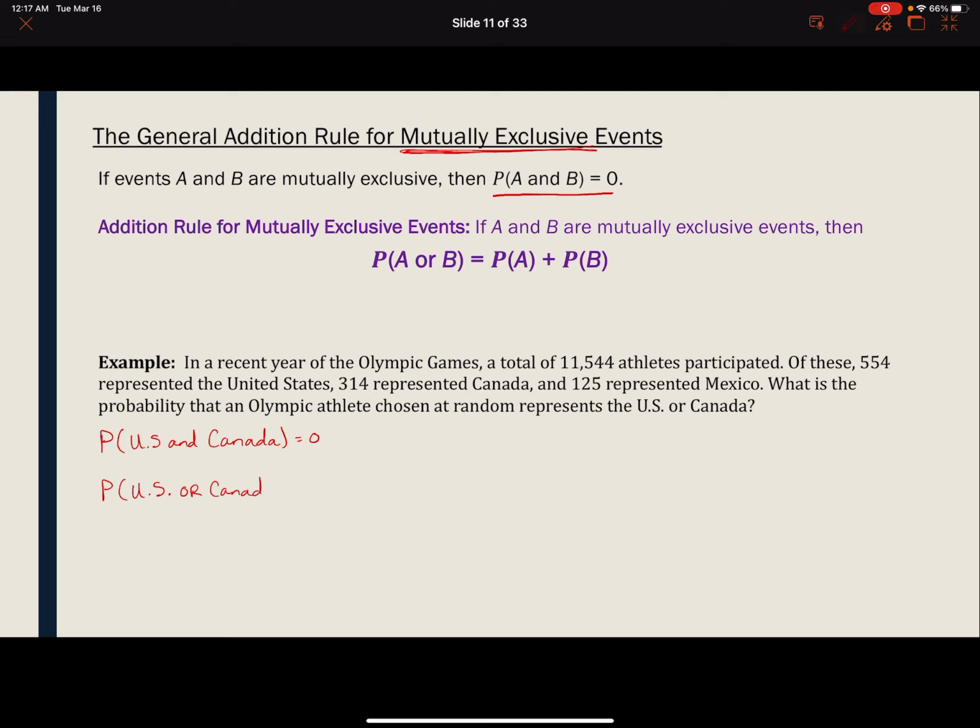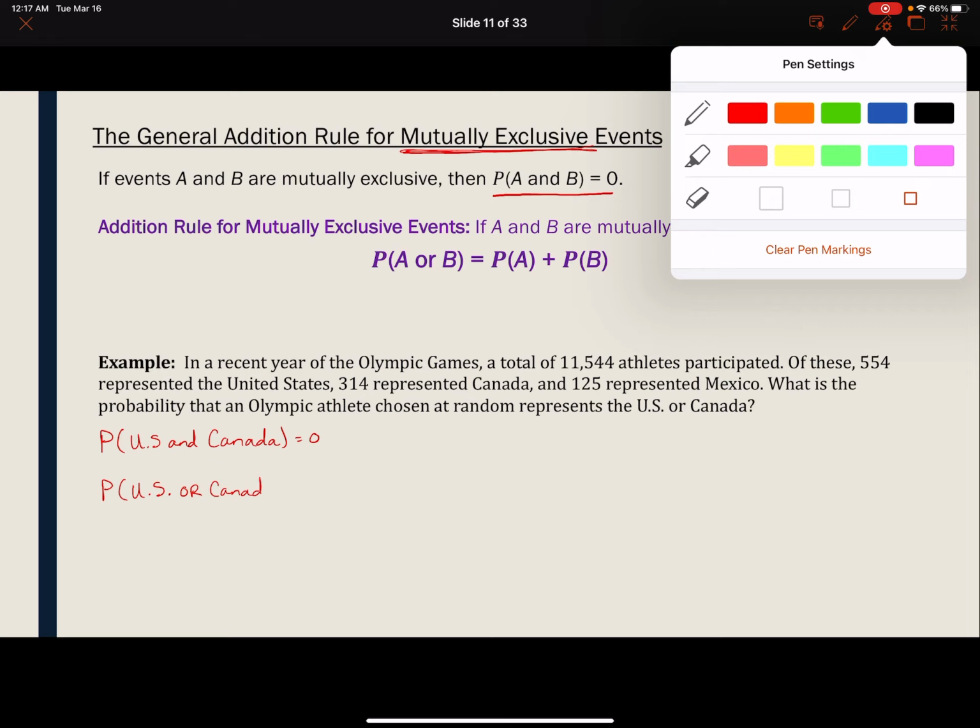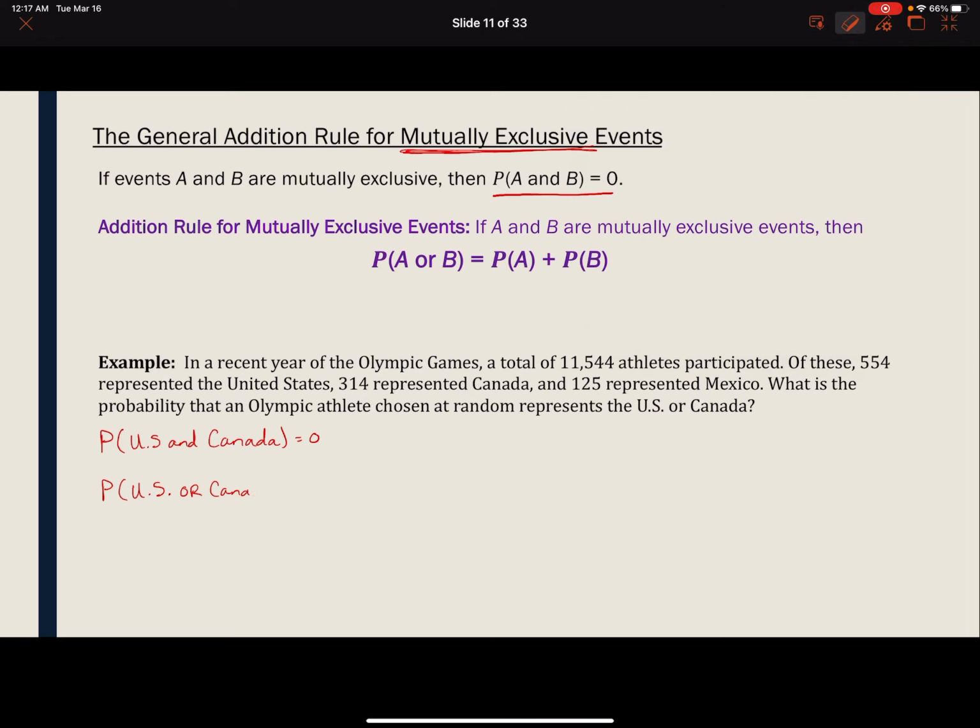So when I'm looking for the probability that an athlete will represent the US or Canada, this would be the probability that the athlete would represent the US plus the probability that they would represent Canada. I wouldn't need to subtract off that 0.